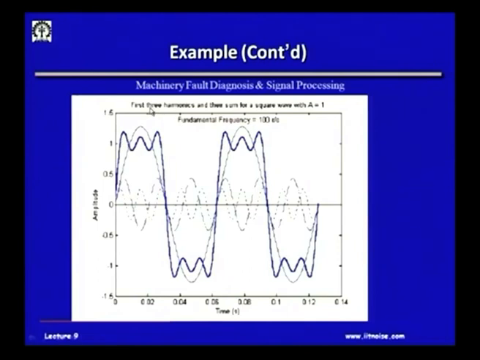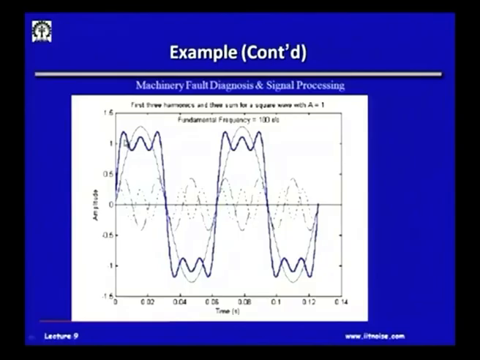This is the sum of the first 3 harmonics with an amplitude of A equal to 1. And you see this dark blue line, we have not quite got back the original square wave. Had I added more terms, of course, we cannot go up to infinity, but with a large number of terms you will see that you will get back your original square wave.